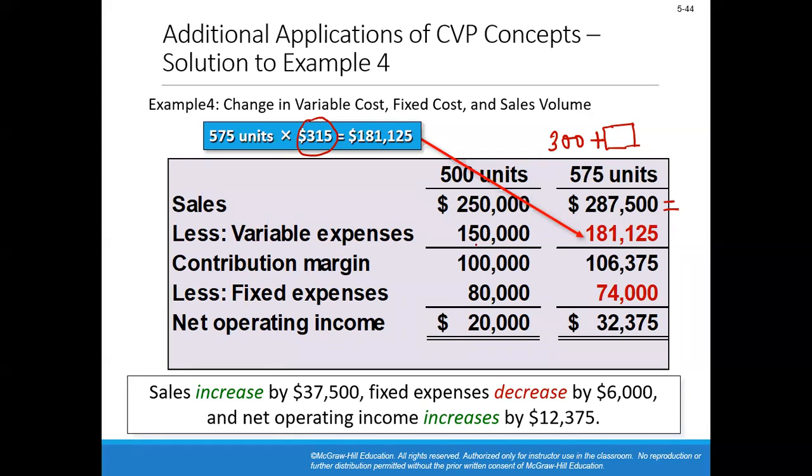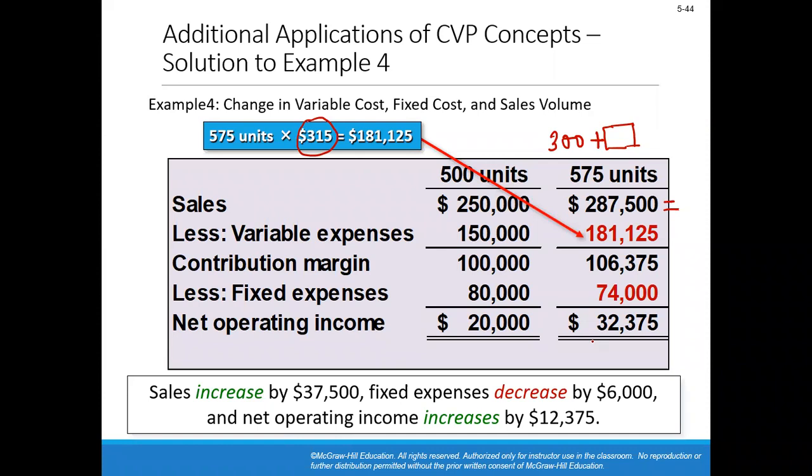So from 80,000, it is expected to go down by 6,000 to 74,000. We see that it has increased our profit by more than 50%. Our profit has gone up by 12,375 from the 20,000 in total.